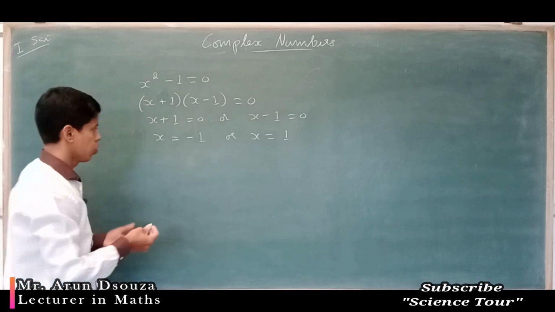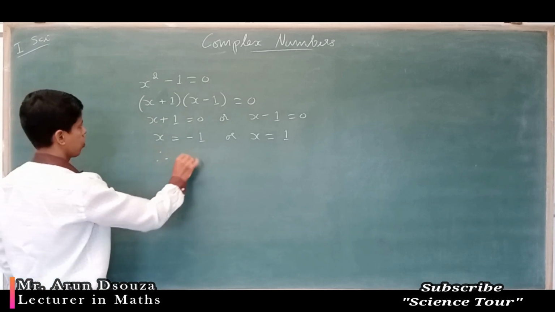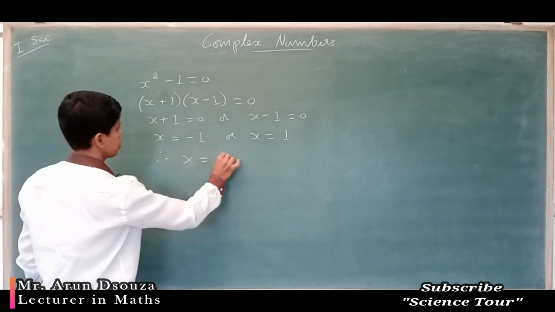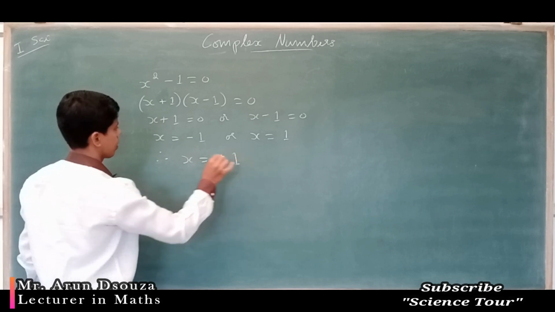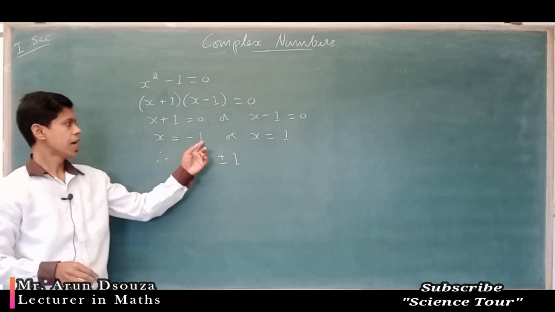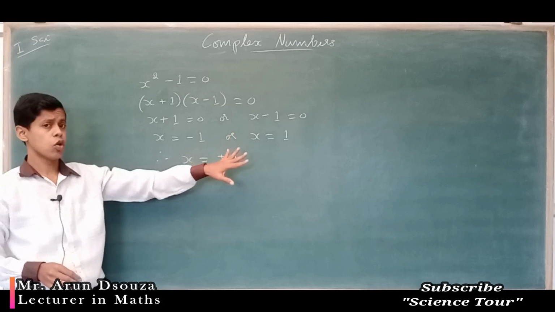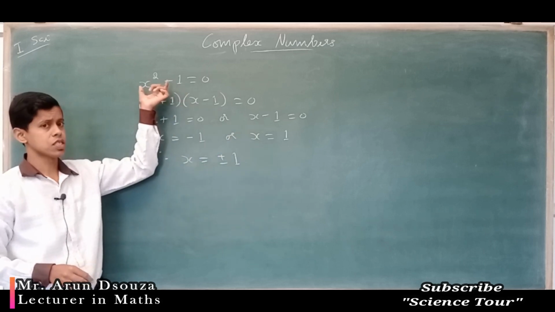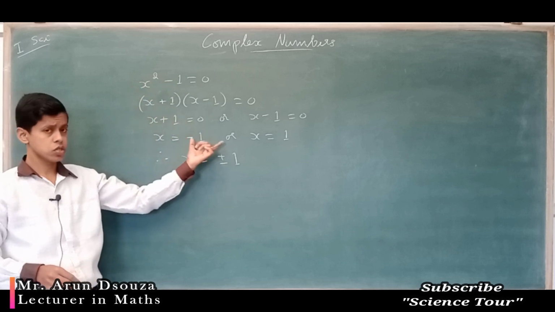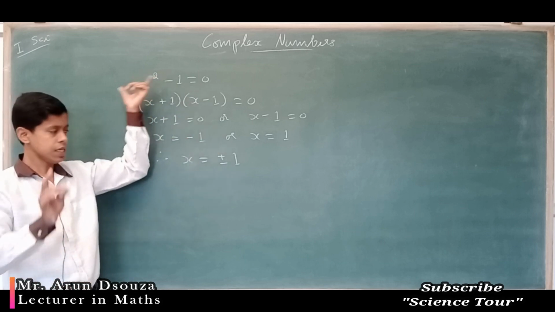So what do you conclude? Therefore x is equal to plus or minus 1. So either minus 1 or plus 1 are the zeros of this particular quadratic equation, or we call them the roots of the quadratic equation.